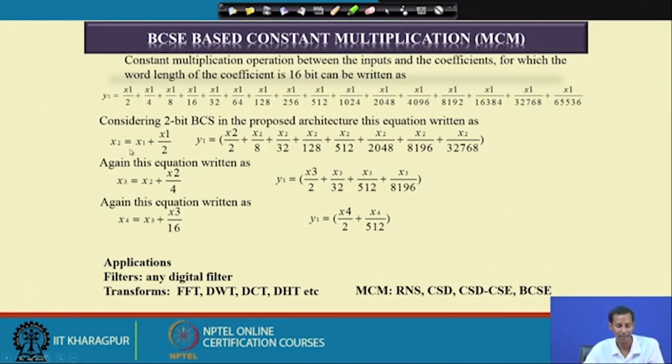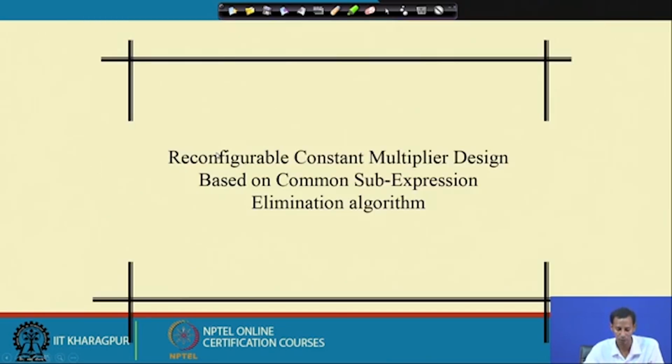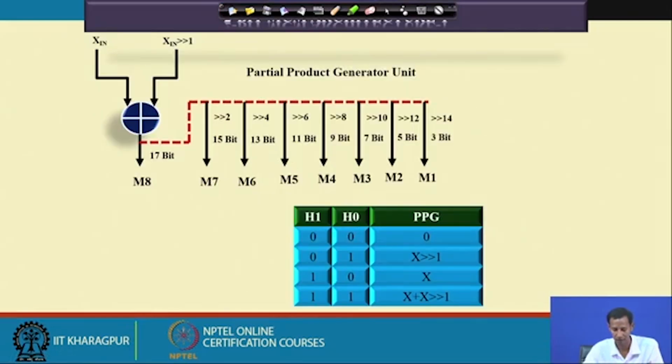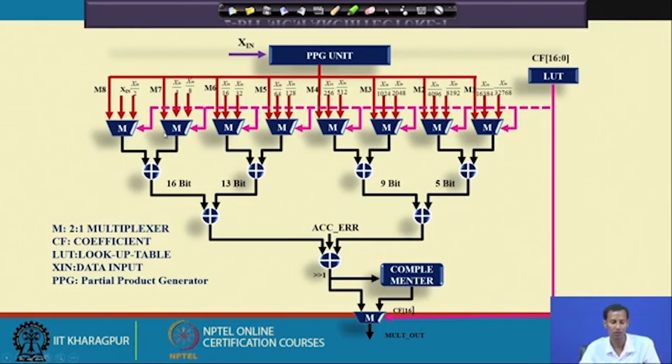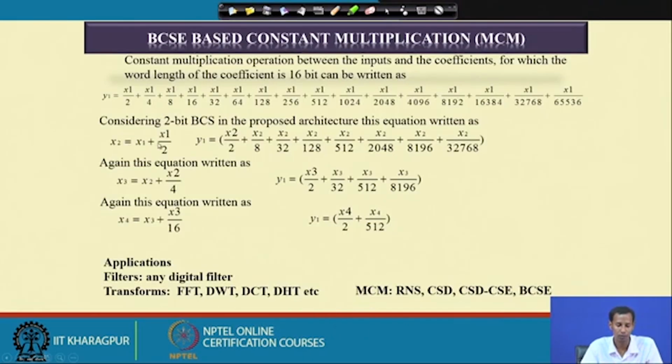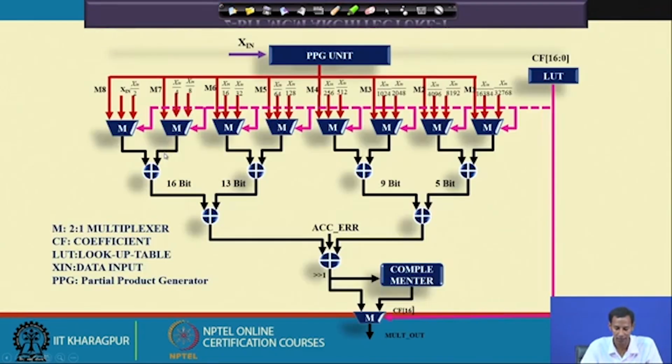But the fact is that there is something I am not considering in this particular fact, if I look at the corresponding structure. This x1 plus x1 by 2 has been generated through this partial product unit, and each of these addition operations is doing this.